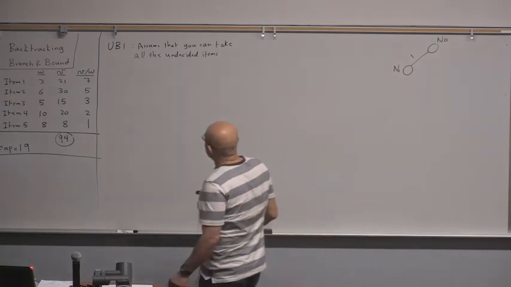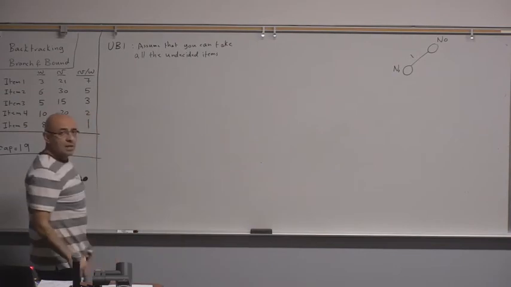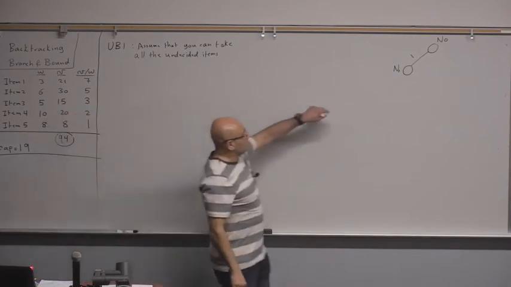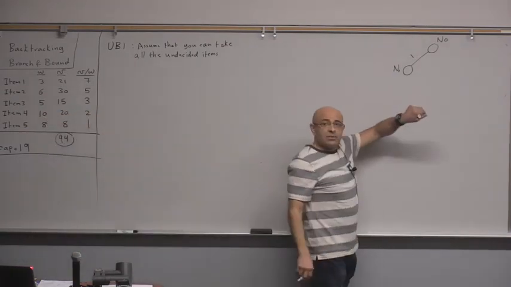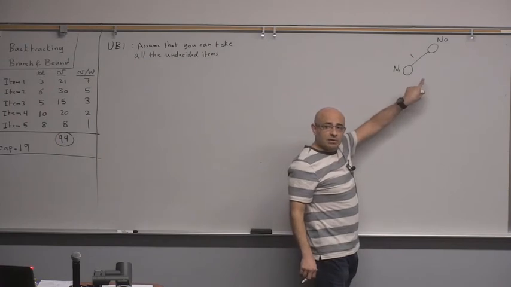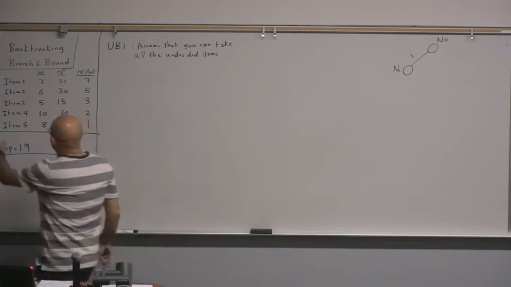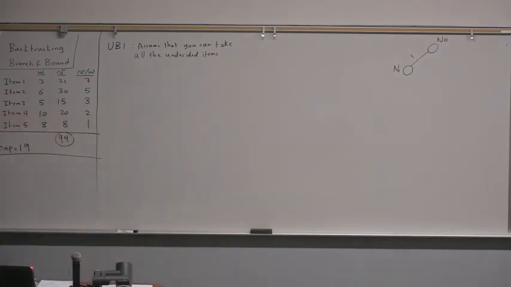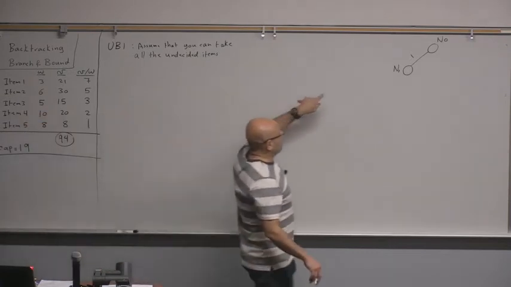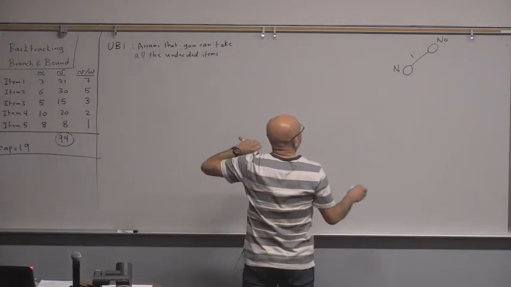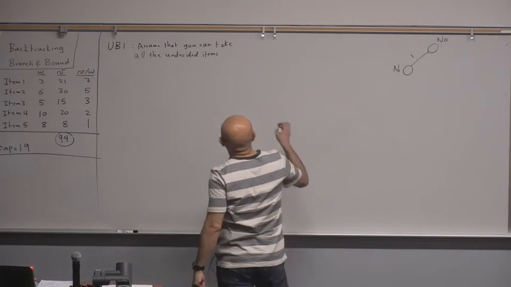At node number 1, we have taken item 1. So the decided items are item number 1, and the undecided items are items 2 through 5.